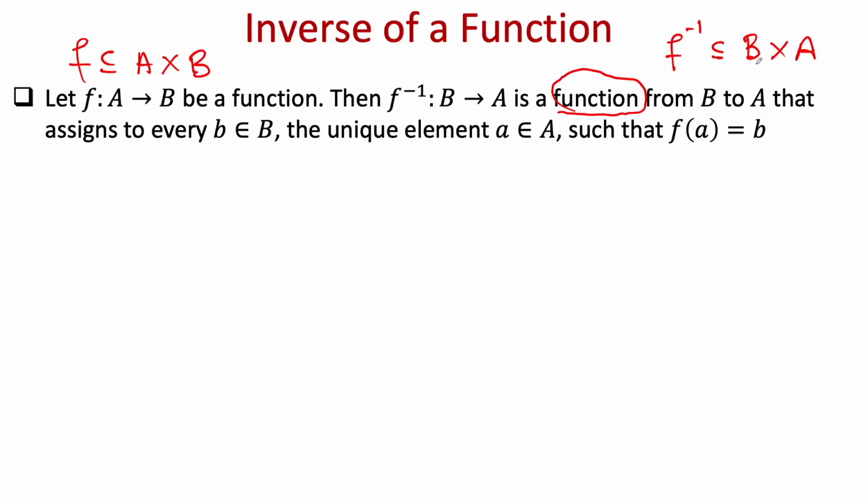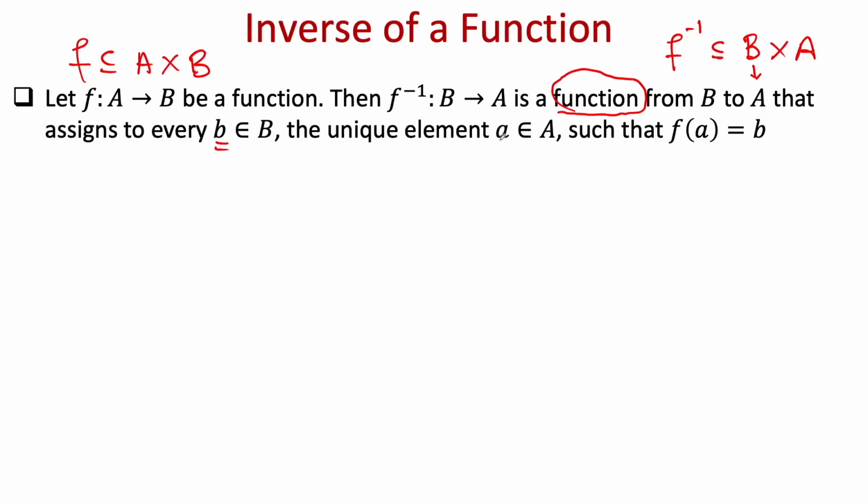That means each element small b from the set capital B will appear as part of an ordered pair in this collection of ordered pairs f inverse. And what will be the mapping of any element small b as part of this inverse function?